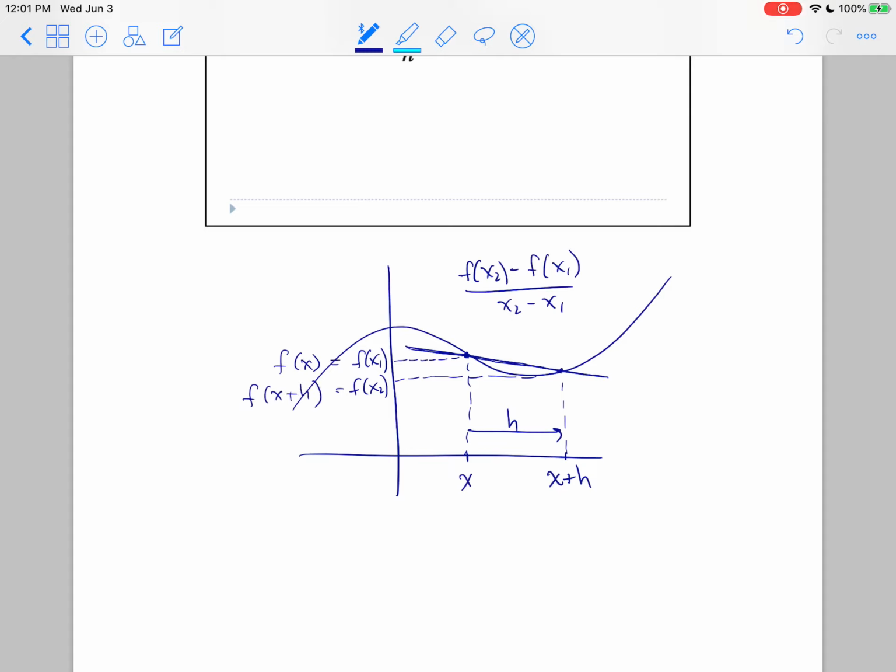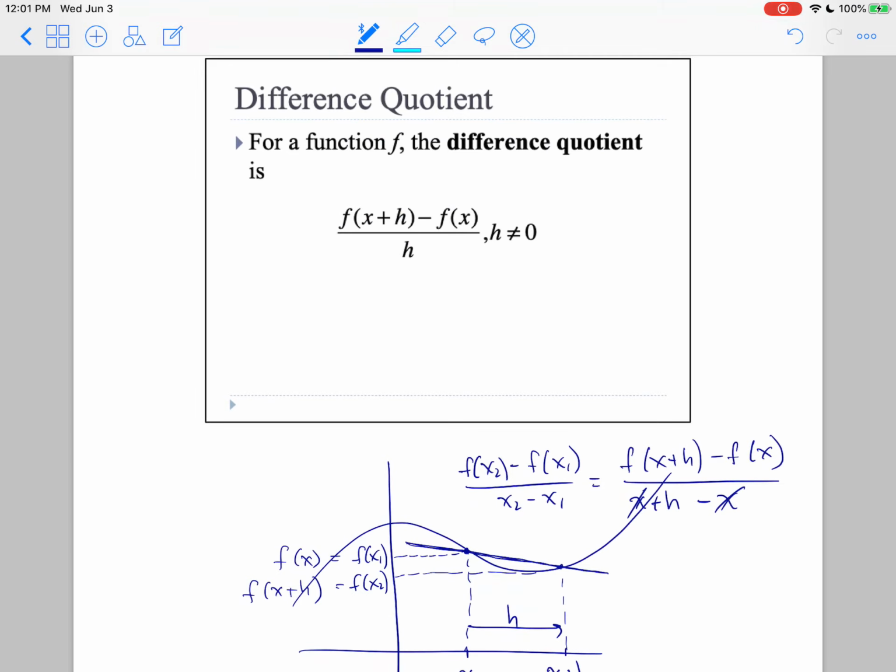If I plug these into this formula, this becomes f of x plus h minus f of x, and then x2 is x plus h minus x, and so the x's cancel, and I'm left with this expression.